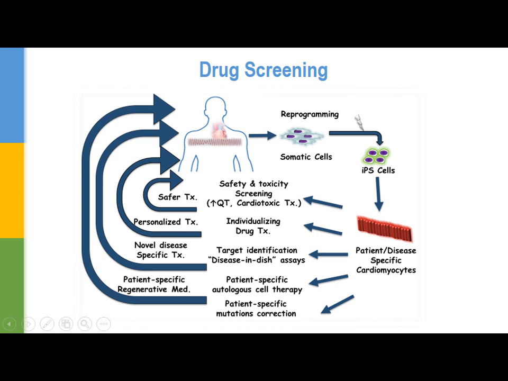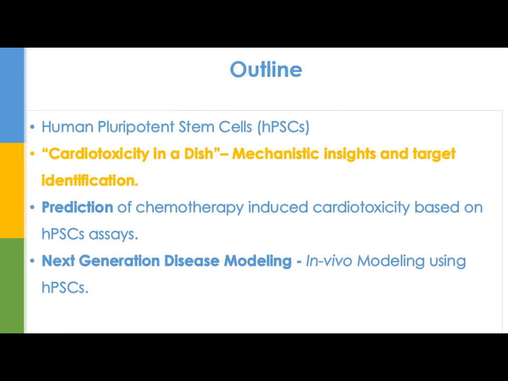We can use this as disease-in-a-dish models for target identification and to identify novel therapeutic targets. And finally, we can use them for patient-specific autologous cell therapies for regenerative medicine purposes. But the next question is whether we can use this system for modeling chemotherapy-induced cardiomyopathy.